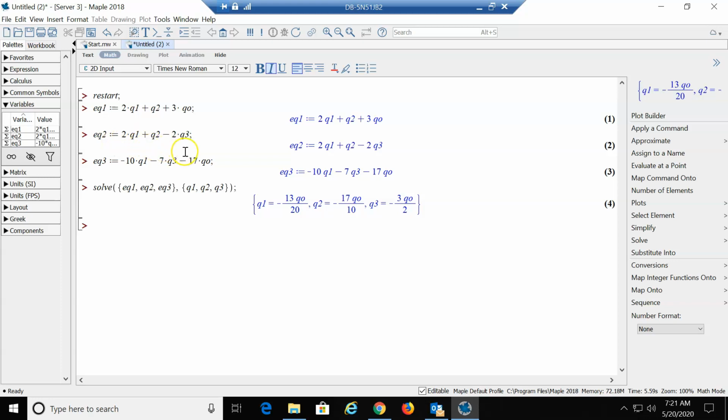When you solve, you can see that we're going to get q sub 1 equal to minus 13 over 20 q sub naught, q sub 2 to be equal to minus 17 over 10 q sub naught, and q sub 3 equal to minus 3 over 2 q sub naught.